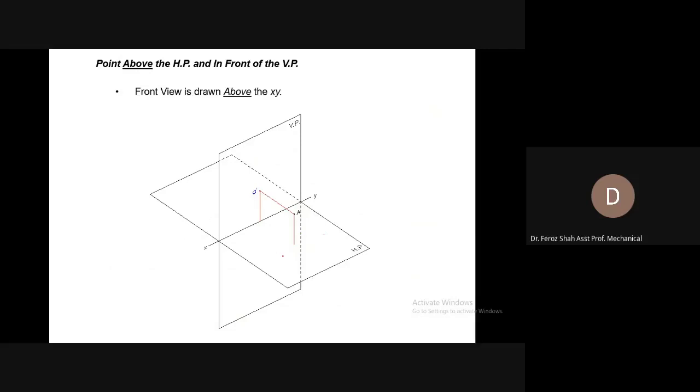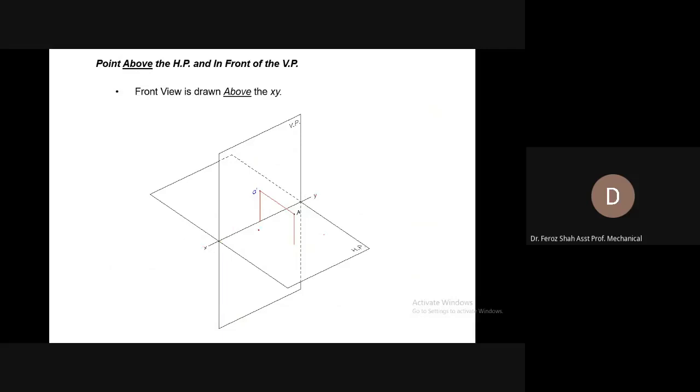So you can see that the two principal planes of projection would meet at a common line, or you can say that they would intersect, and the intersection line or the common line would be called the XY reference line.